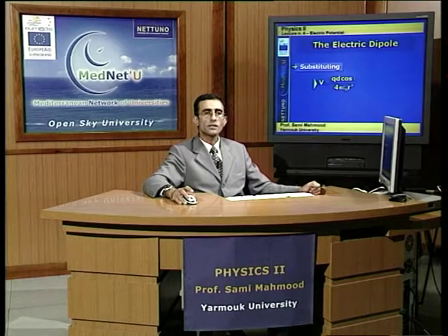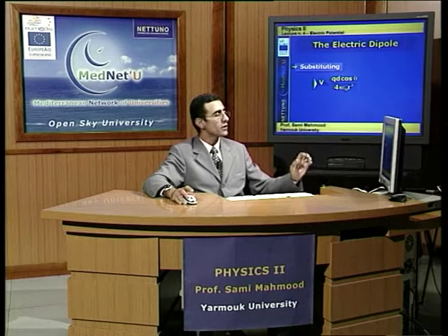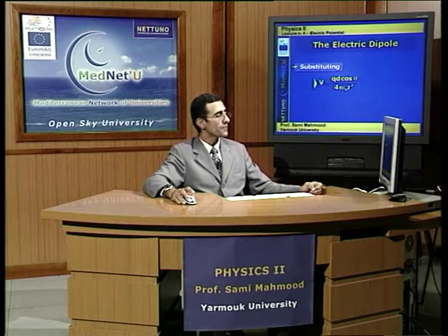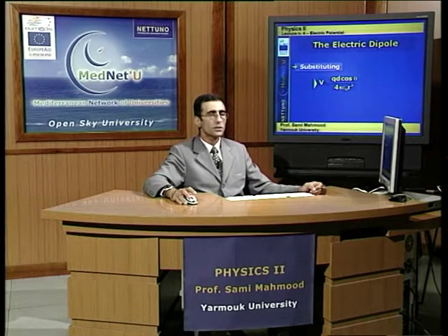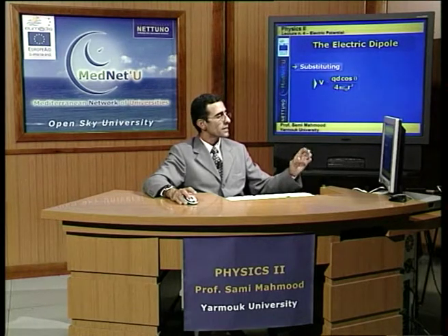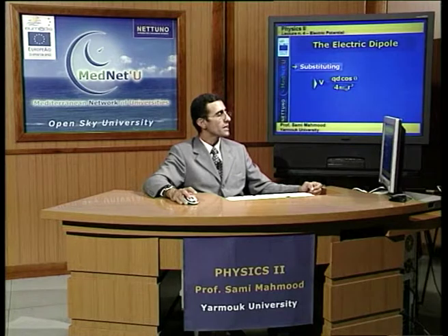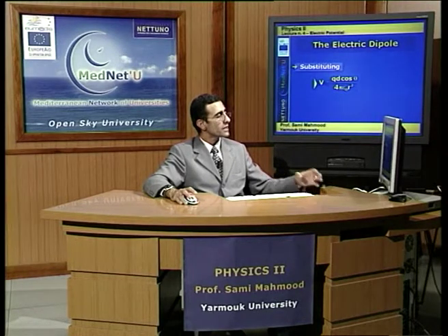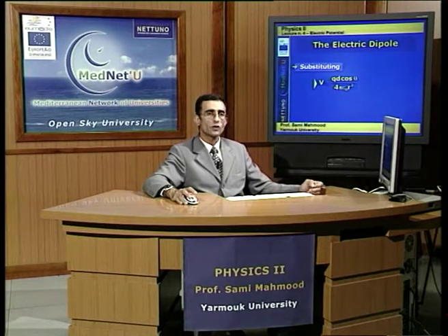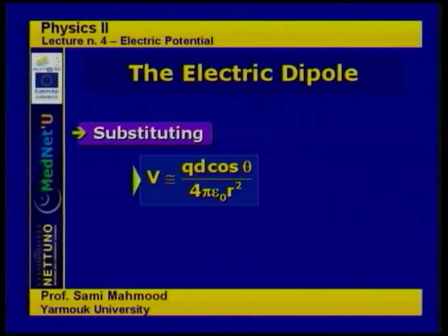This is the general relation, and now if we substitute these approximations and we expand the term in the parentheses, we obtain V is equal to QD times cosine theta over 4 pi epsilon naught R squared.